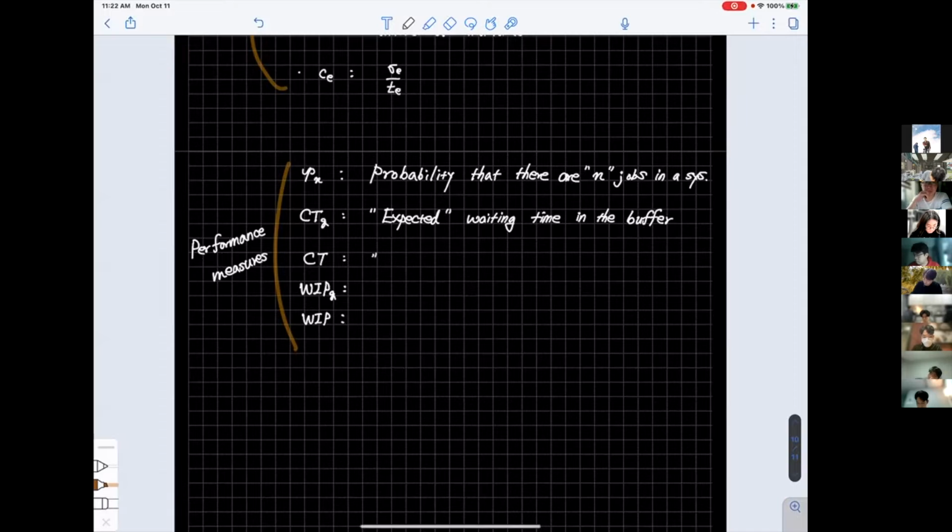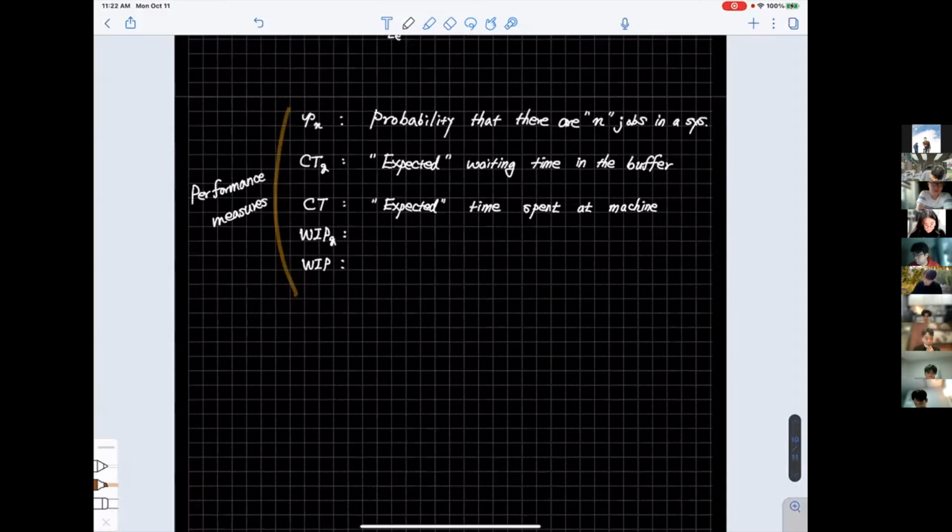And CT is the expected time spent at the machine. WIPq is the expected number of jobs in the buffer.